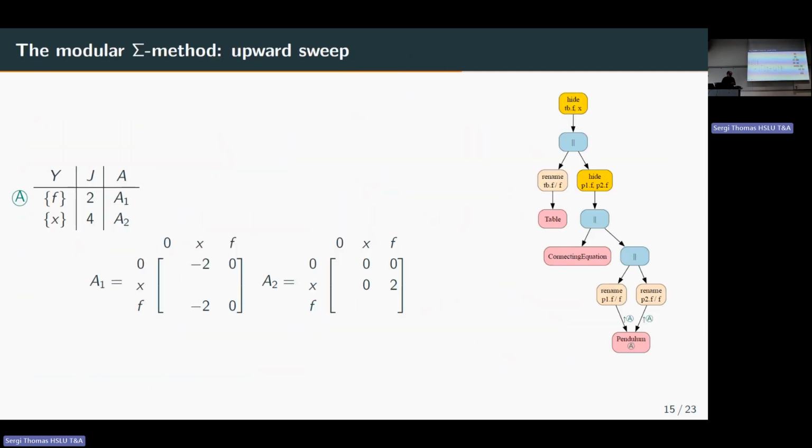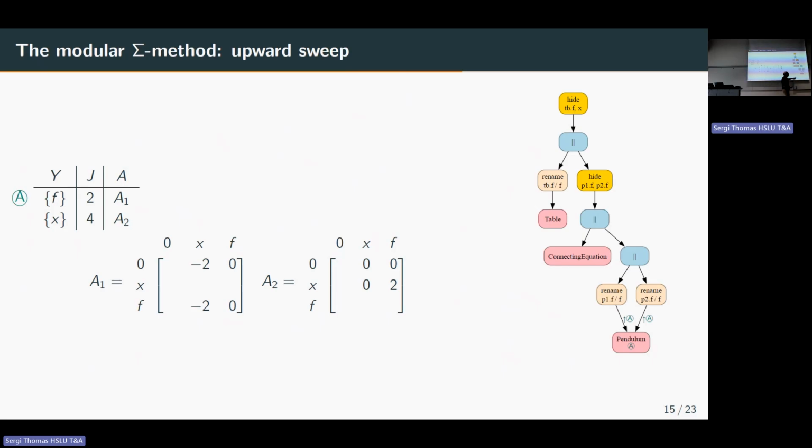And now, if we perform the modular structural analysis, we start from the leaves of the term, or more precisely, directed acyclic graph, where each node represents a subterm, where you identify identical terms.